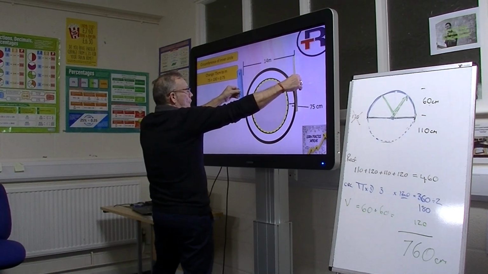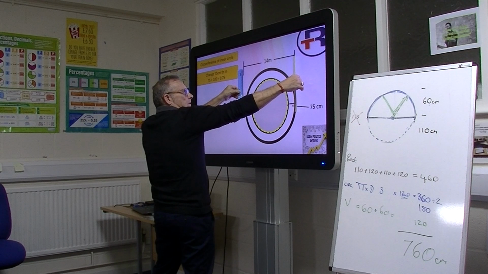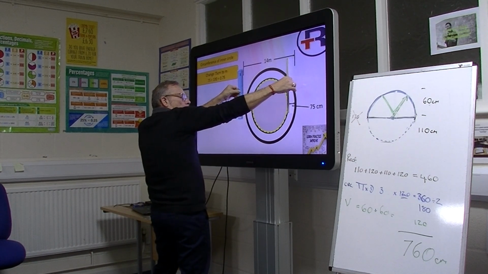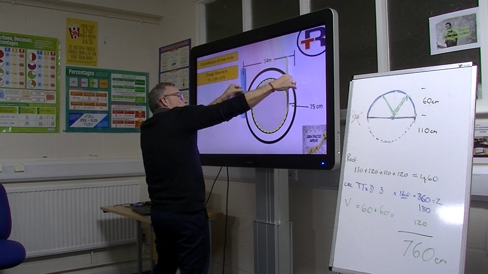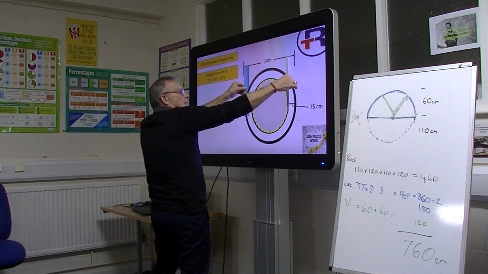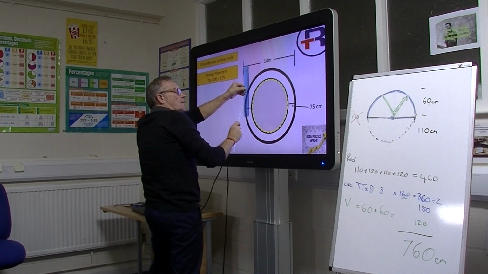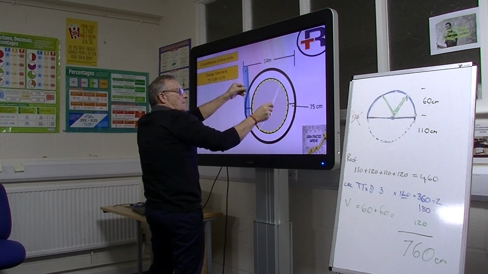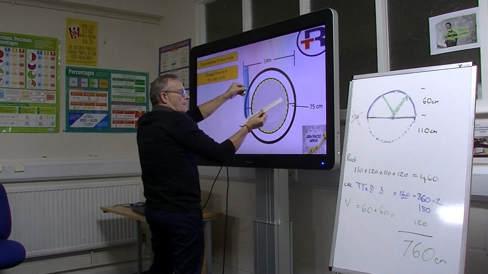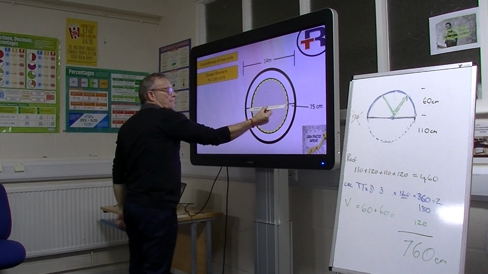The width of the full roundabout is 14 metres. This one comes in by 0.75. This one also comes in by 0.75. So what have I done with that 14 metres? I've taken away 0.75 and then another 0.75. So that's given me then the diameter of that roundabout. Okay?